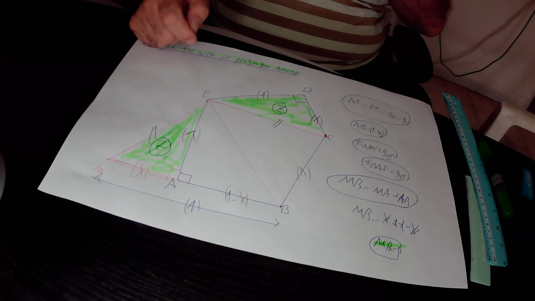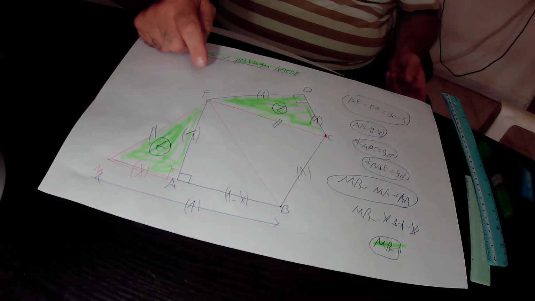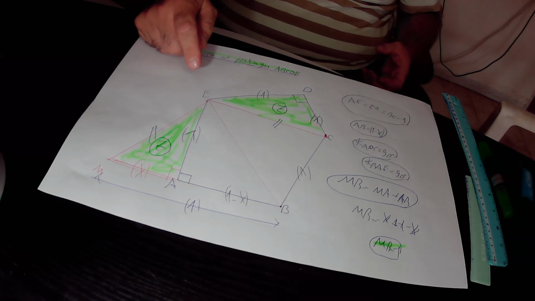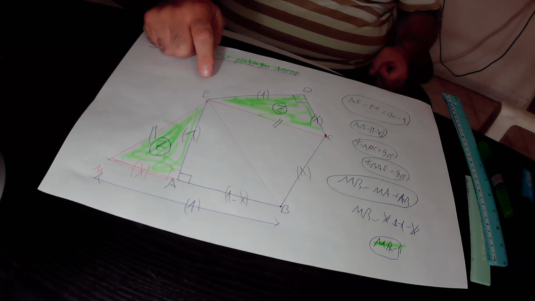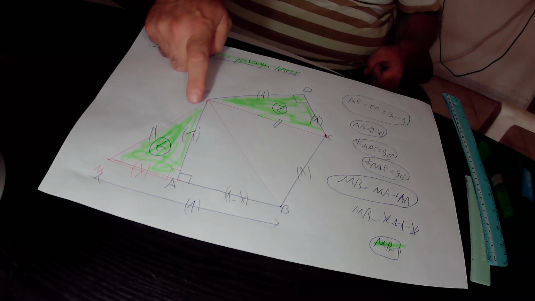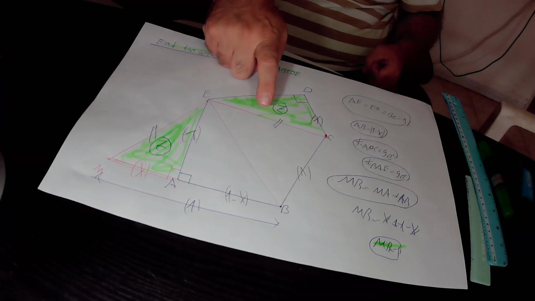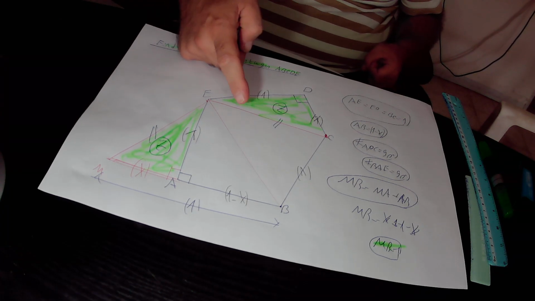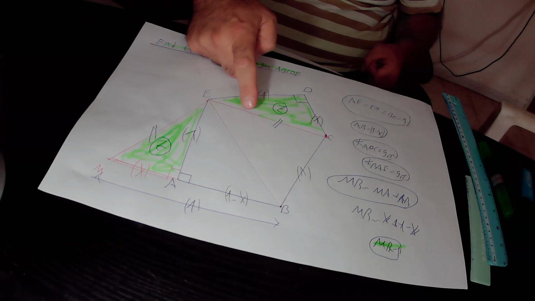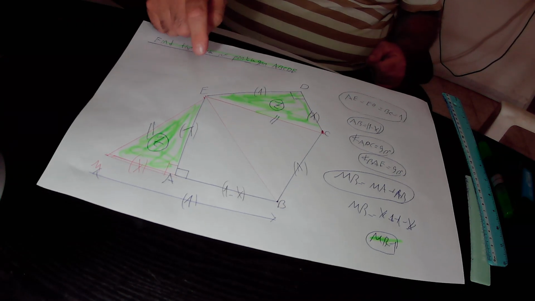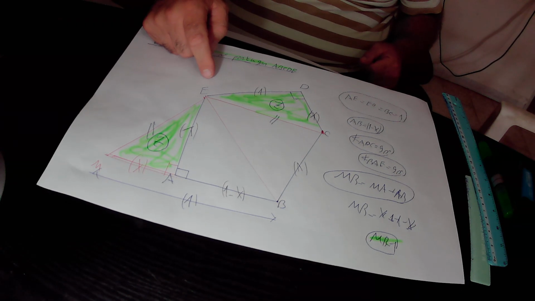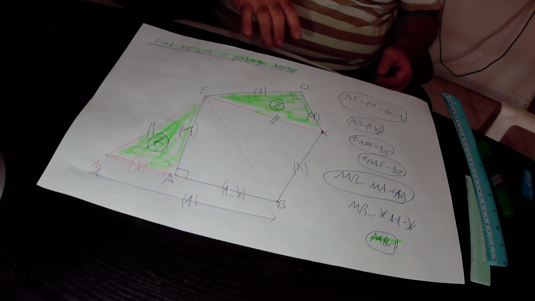Therefore, the area of quadrilateral EMBC must be equal to the sum of the areas of the two shapes that it consists of. That is to say, it must be equal to the area of triangle MEB, which is 1 half, plus the area of triangle EBC, which is also 1 half. 1 half plus 1 half is 1. So in total, we found that the area of this big quadrilateral EMBC equals 1 square unit in size.